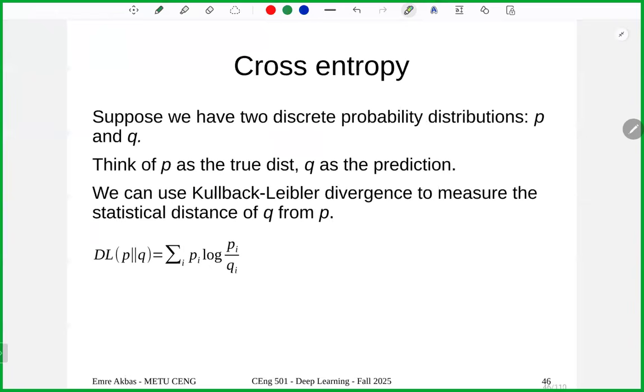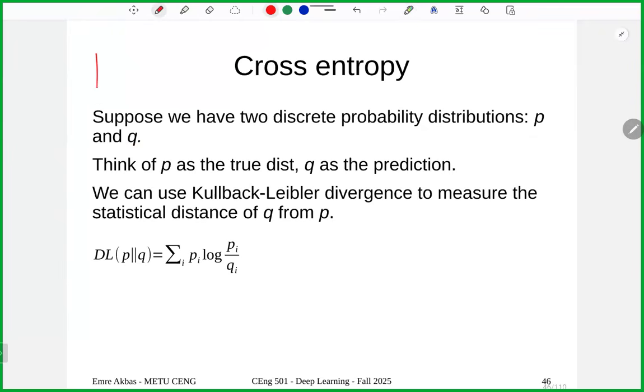Okay, we were looking at loss functions, and this is the most widely used loss, cross entropy. So to explain cross entropy, let's look at a multi-class classification case. We looked at binary class so far, but for cross entropy, let's say we have two discrete probability distributions, P and Q. Think of P as a true distribution.